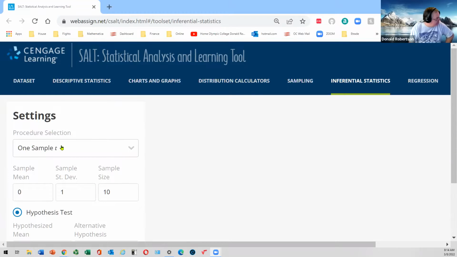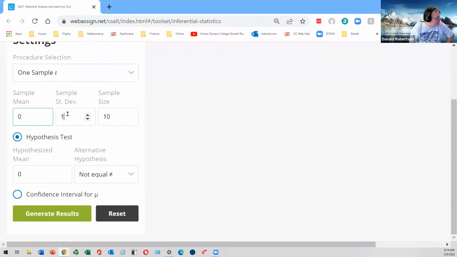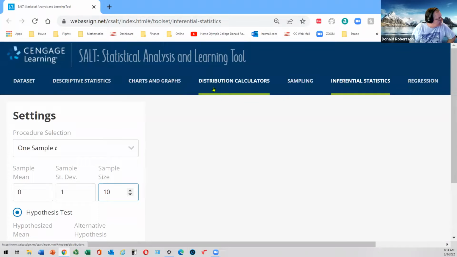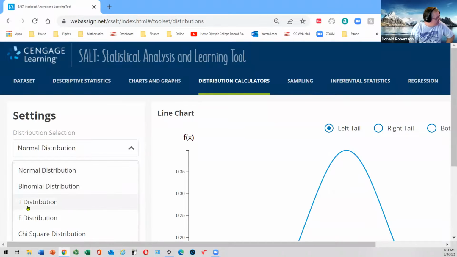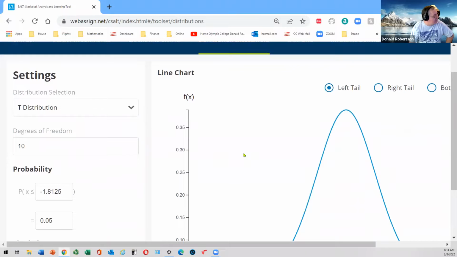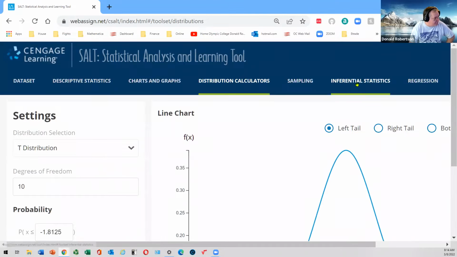So I don't need to change anything. This is 0 and 1, so I won't change anything there. The sample size, why are they doing that? Change that. They didn't put it in the right place. It should be in distribution with t-score. There we go.